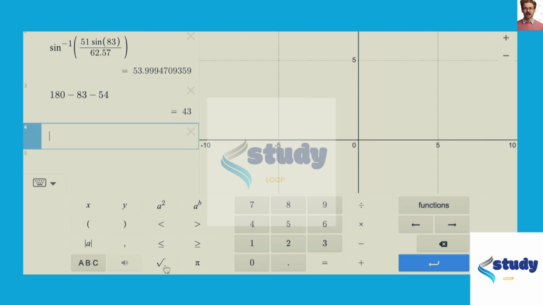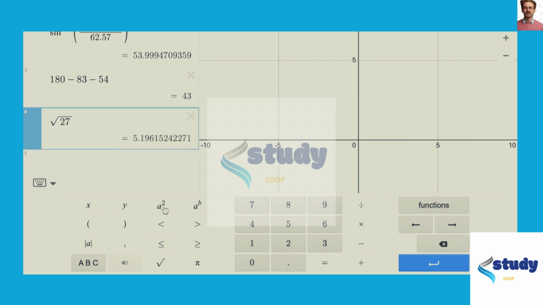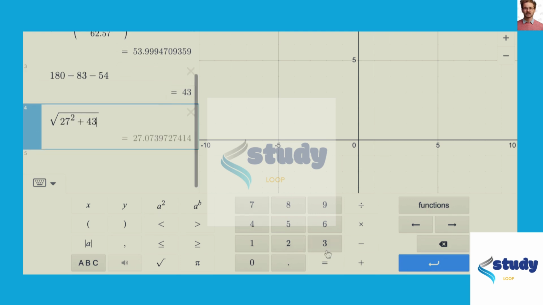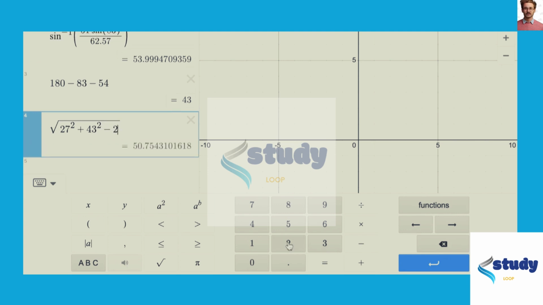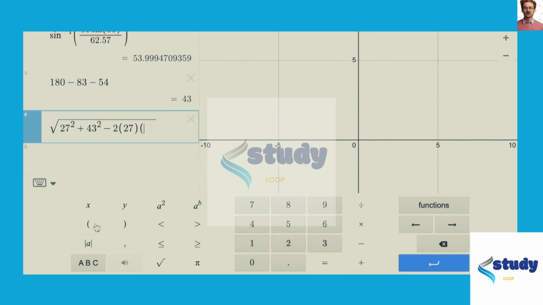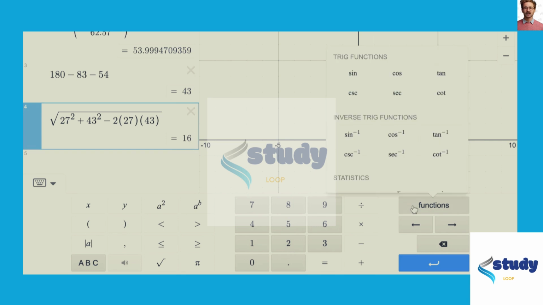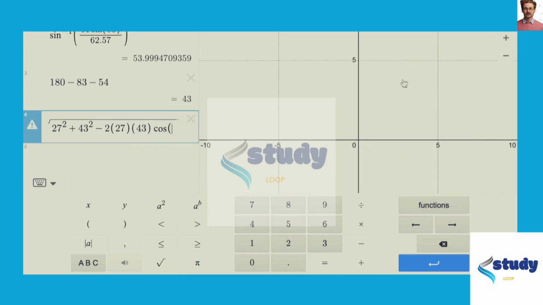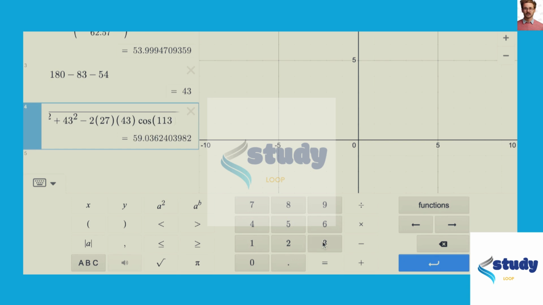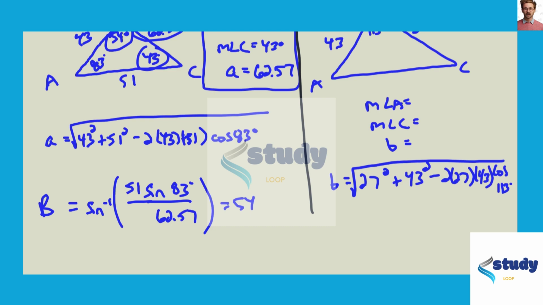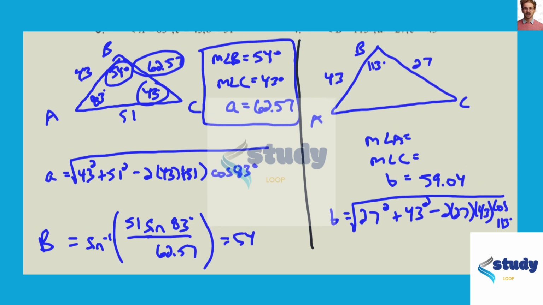So it's the square root of 27 squared plus 43 squared minus 2 times 27 times 43 times the cosine of 113. And we get, let's call it 59.04. You could call it 59 possibly, depending on how liberally you can round.